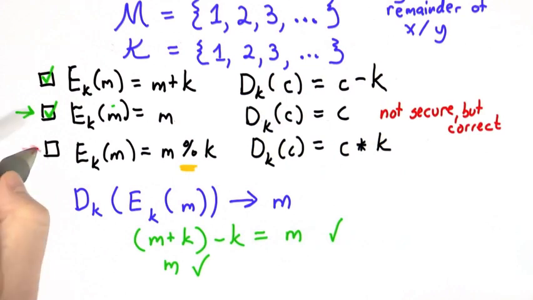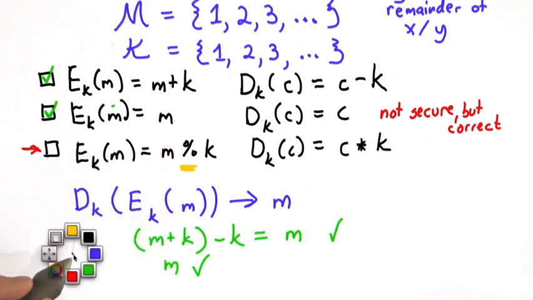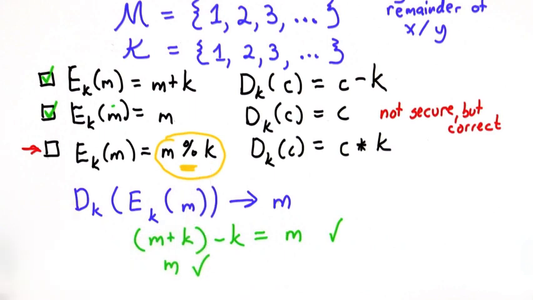The third property doesn't satisfy the correctness property. And the easy way to see that is to observe that the output of this is a smaller set than the number of messages. So for some choices of message and key, this maps to the same value.